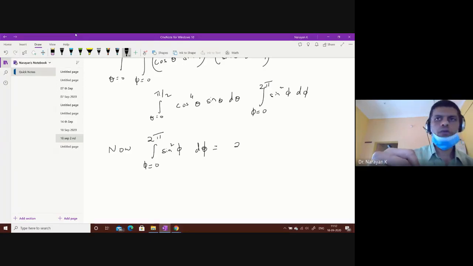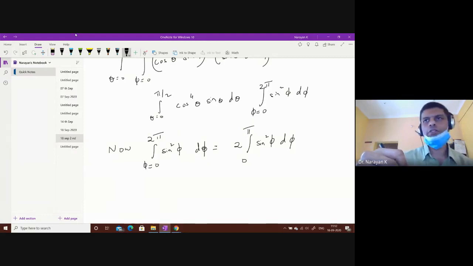I can rewrite the phi integral as 2 into the integral from 0 to pi of sin square phi d phi. This is just a mathematical step. If you integrate this, you will get 2 pi by 2, which is equal to pi.